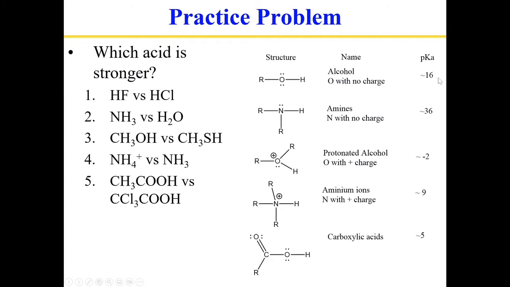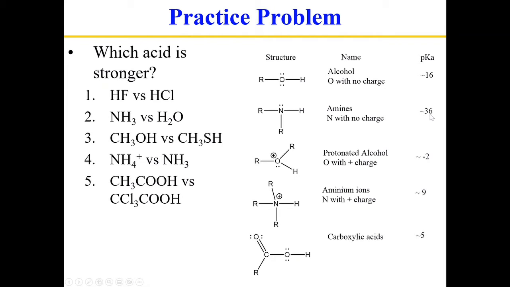Knowing these 5 pKa values is probably going to be the tool that you use most commonly when you're comparing acid strength. That allows us to look at question number 2 and question number 4. Question number 2 has ammonia, which is the simplest possible amine, and I'm comparing it to water, which is the simplest possible alcohol.